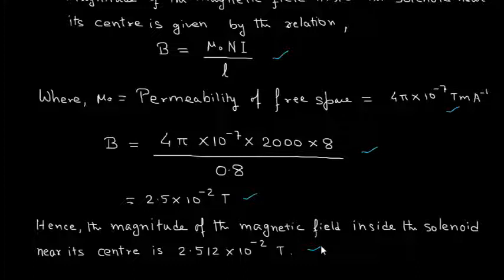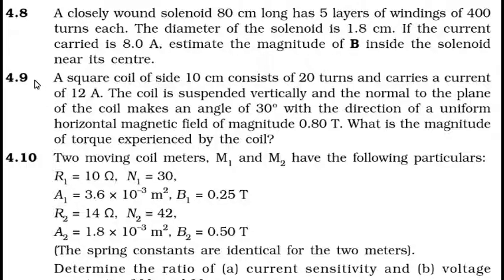Let us move to the next question. Now let us solve question number 4.9. A square coil of side 10 cm consists of 20 turns and carries a current of 12 ampere.